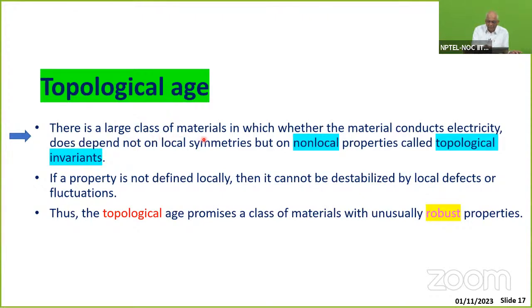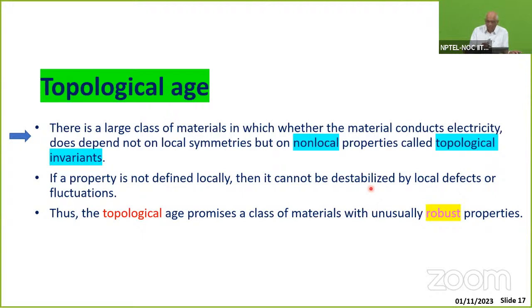Now we have a large class of materials that have been discovered, materials which conduct electricity, that does not depend upon local symmetries, but on non-local properties called topological invariants. And if the property is not defined locally, then it can also not be destabilized by local defects or fluctuations and so on.